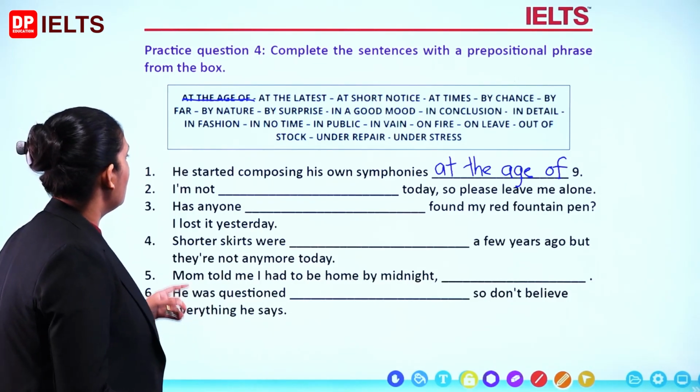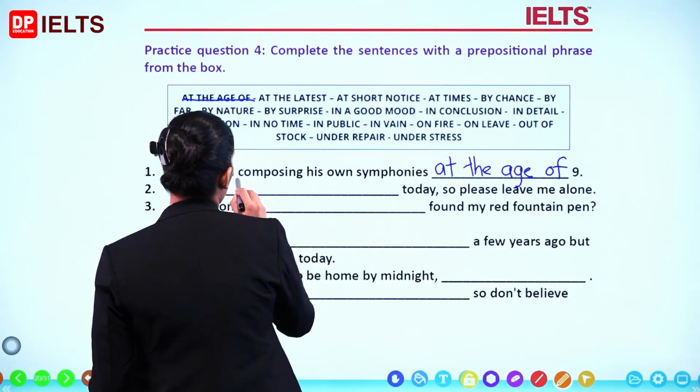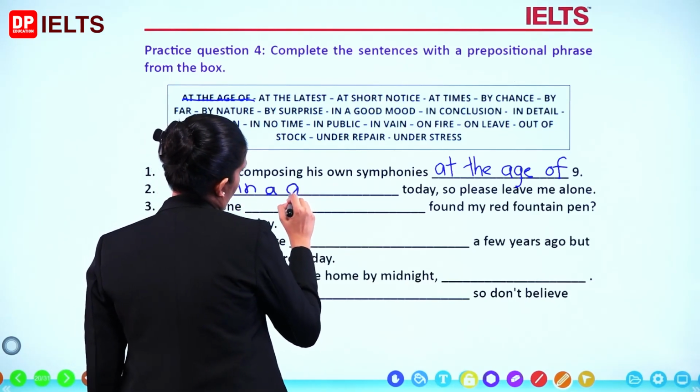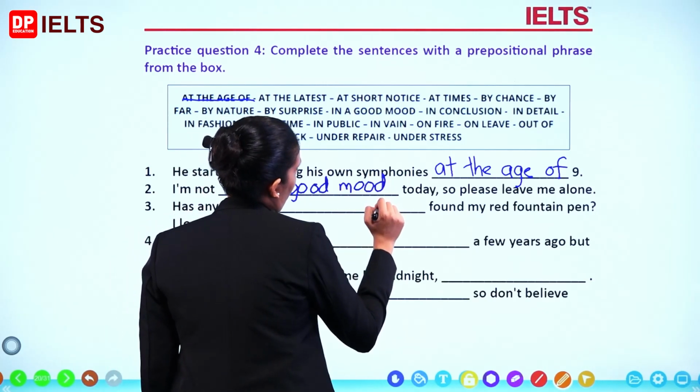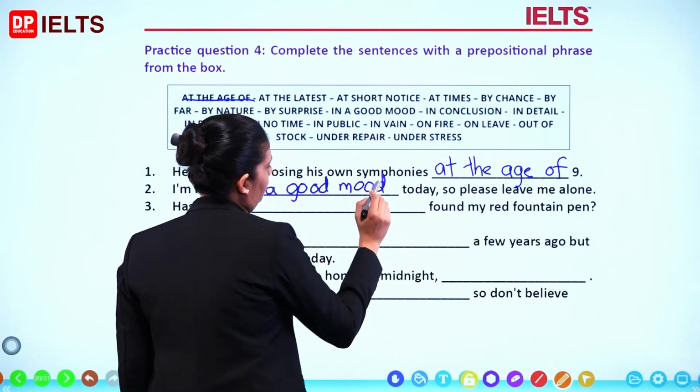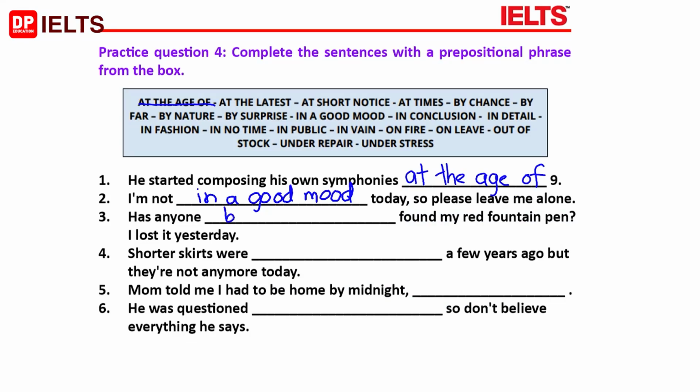Okay? I'm not in a good mood today, so please leave me alone. Has anyone by chance found my red fountain pen? I lost it yesterday. Short skirts were in fashion a few years ago, but they are not anymore today.